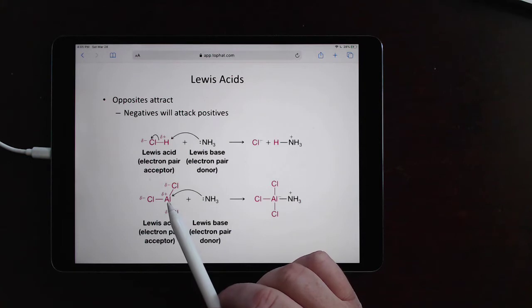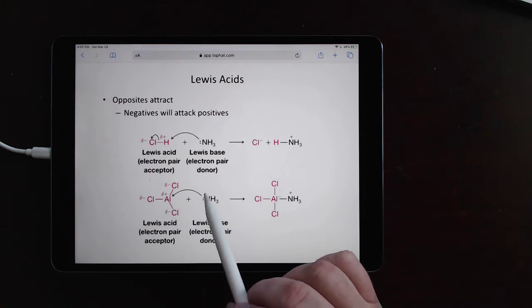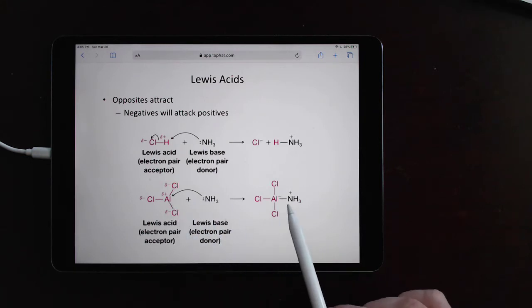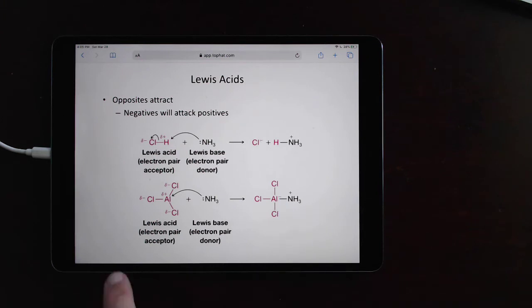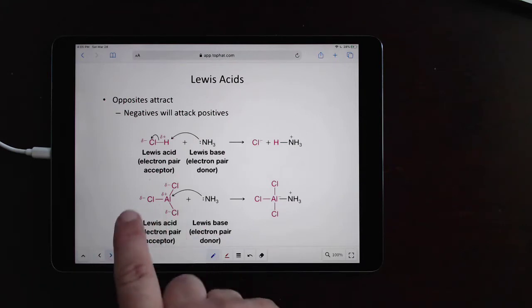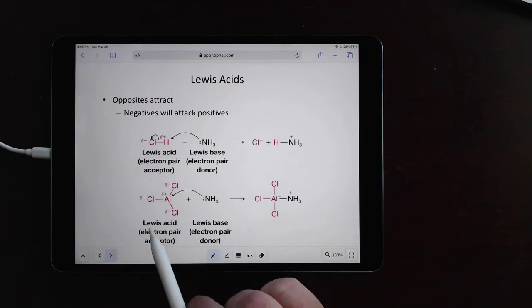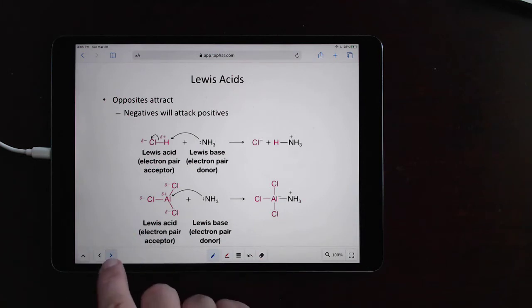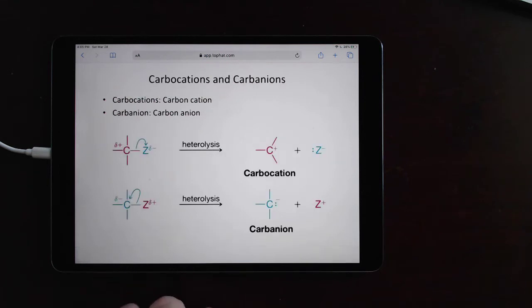It's going to be accepting those. These lone pairs are going to be attracted to here to make a new bond with that. So it doesn't have to be a hydrogen. Most of the time we're going to be dealing with Bronsted-Lowry in reactions, but there's special times where we're going to be dealing with Lewis acids, Lewis acid catalysts down the road.